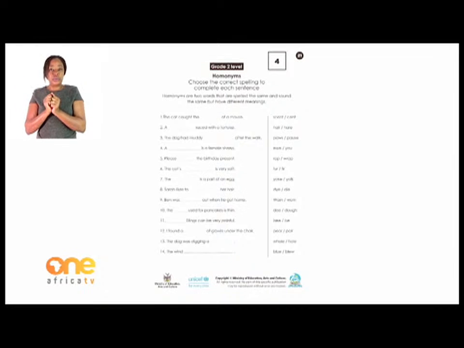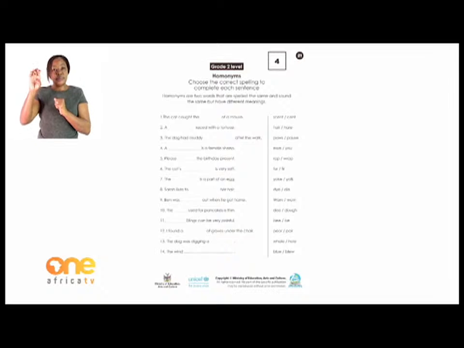But which one do you think we are talking about in this statement? The first scent is of a smell, and the second scent is of money. So what did the cat catch here? It caught the scent of a mouse. Which scent? I think it's the first one. So if it's the first one, it's the one that we choose. You put it in the line there and you read your sentence, it will make sense.